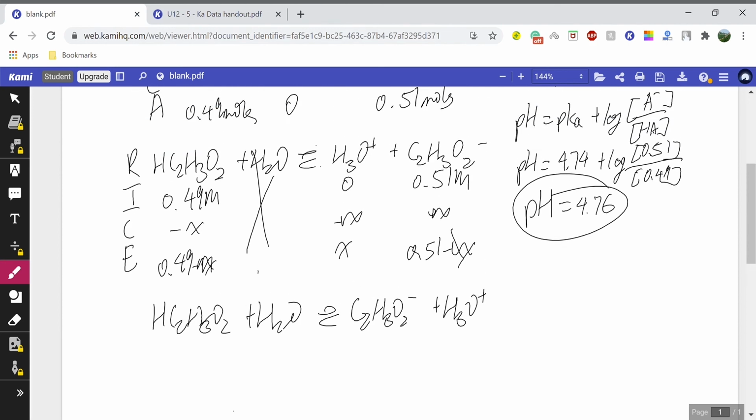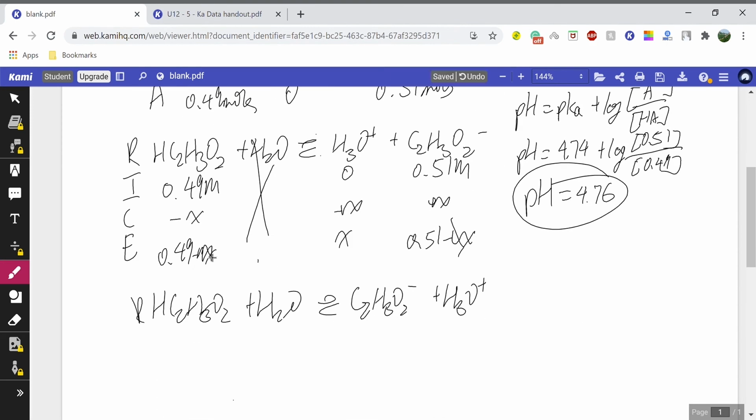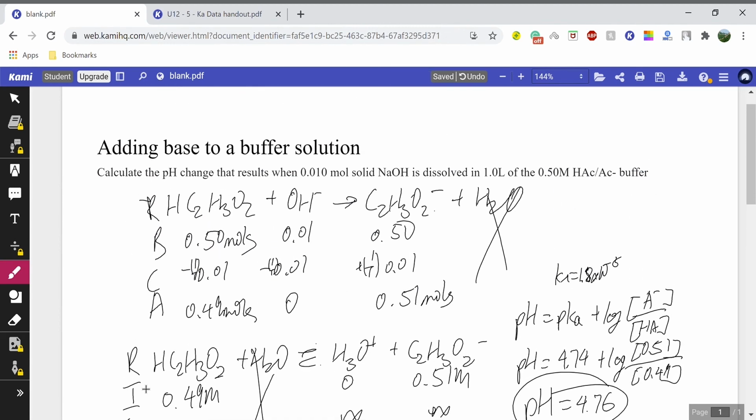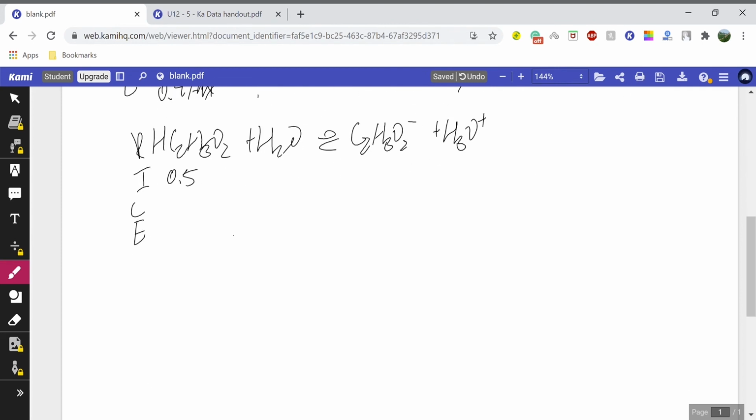Now we plug in our concentrations and use a RICE chart to solve for pH. We're given 0.5 molar and 0.5 molar. We don't care about water. Minus x, 0.5 minus x. This will be 0 plus x, 0.5 plus x, and this will be x.